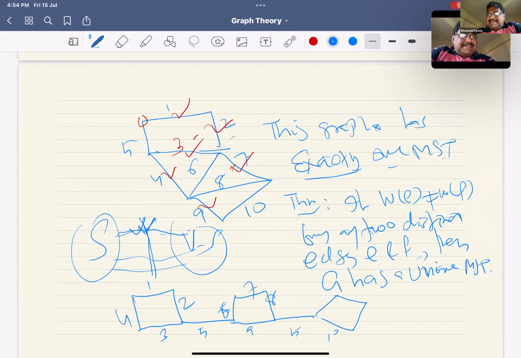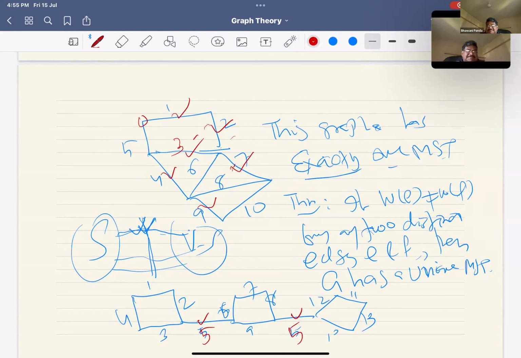Then 9, 10, 11, 12, and 13. So now you can see this edge and this edge, both the cost is 5 only, right? But still this graph will have a unique MST.